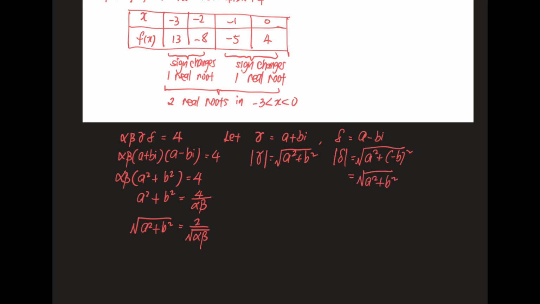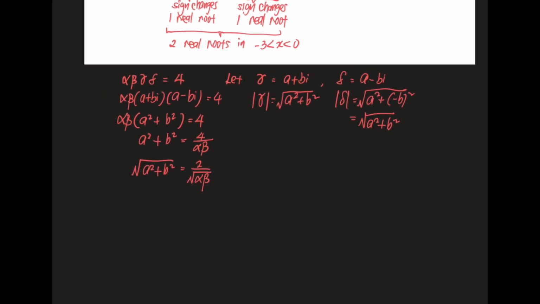Now combining all our results here, they are all equal to the square root of a squared plus b squared. So hence, we can say that modulus of gamma equals modulus of delta equals 2 over square root of alpha beta. Okay, finish.